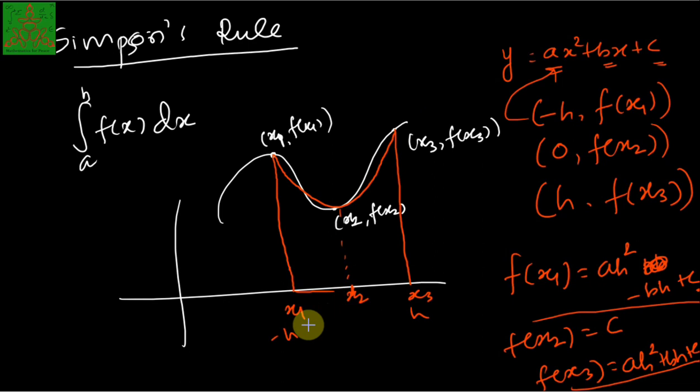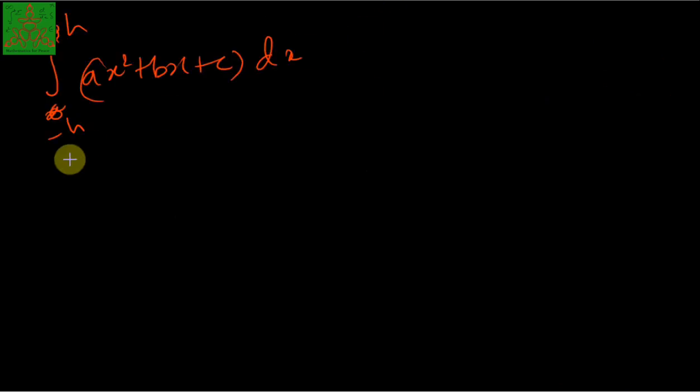The integration is from minus h to h, because that is the interval we have. Integration from minus h to h of ax square plus bx plus c dx.